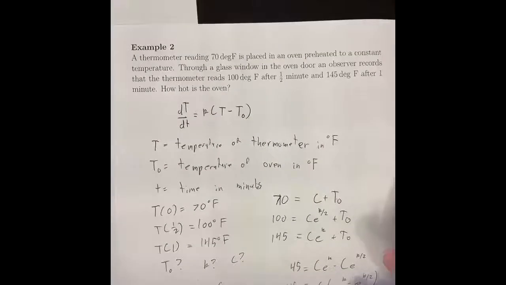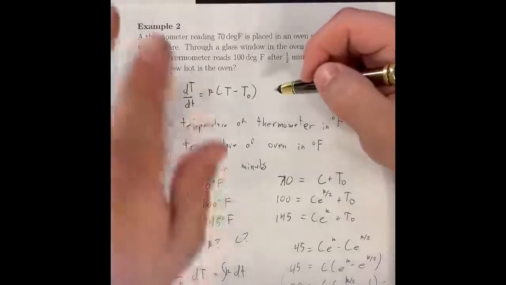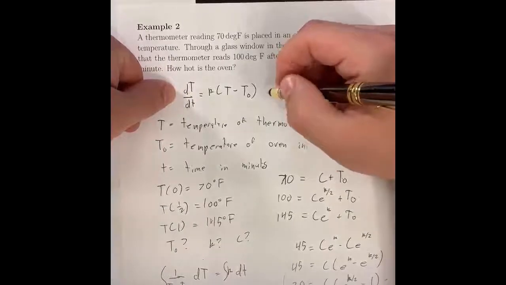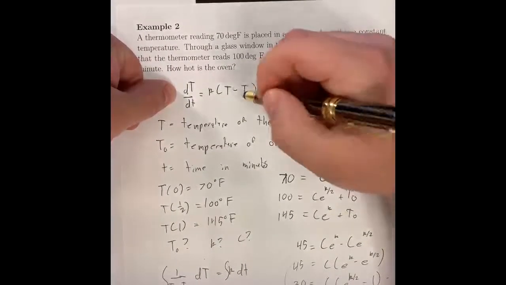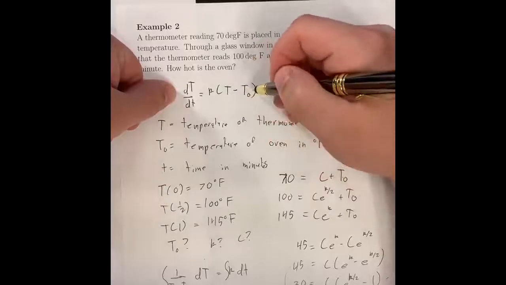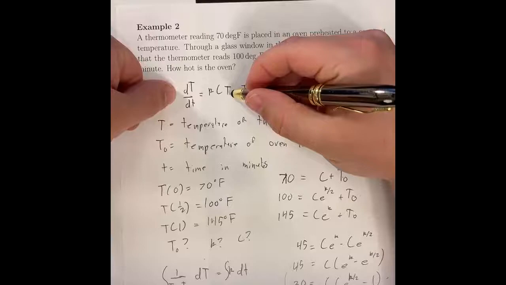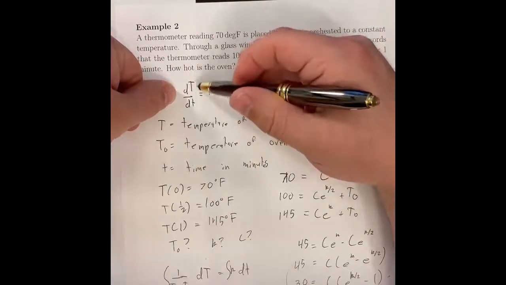I might have made a mistake way at the very beginning, so let's double check this differential equation. What does this tell us? Let's imagine that the oven is 200 degrees and we put in something that's 100 degrees. What should the change in temperature with respect to time be?